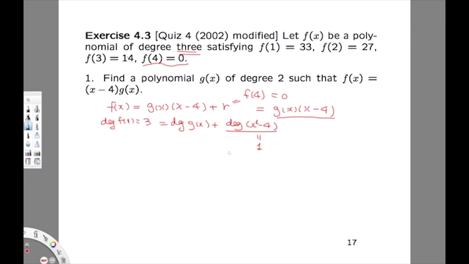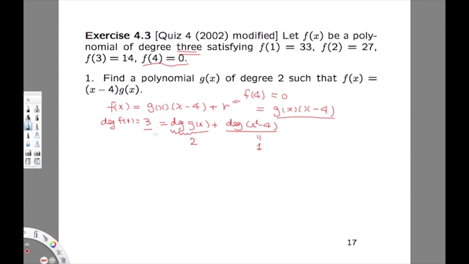So from this you get that the degree of g of x is equal to 3 minus 1, so this is 2. So the problem said to find the polynomial g of x of degree 2 such that f of x is equal to x minus 4 times g of x.